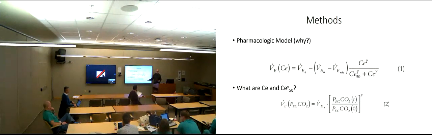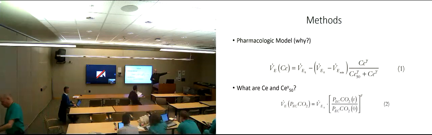The other way you could do it is there's equipment. It's not that complicated. It sounds complicated, but you can lock in an end-tidal CO2. It measures it, and there's a servo control that will feed CO2 into your circuit, so your CO2 never changes. So you're at the same CO2 throughout the entire experiment.